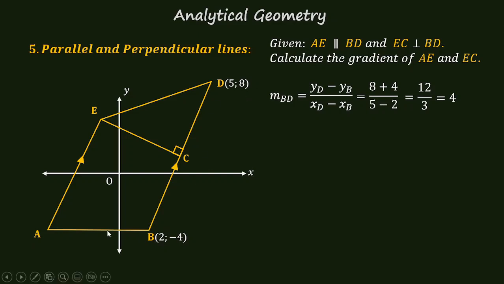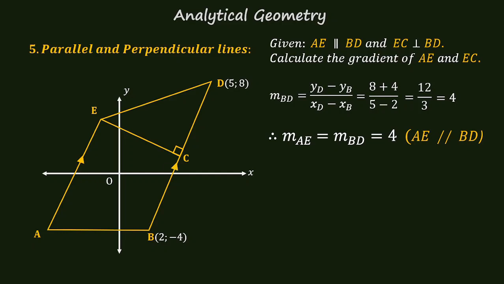What then will be the gradient of the straight line AE? The gradient of the straight line AE will also be 4, because AE is parallel to BD. This information is given to us, and we can also see it from the arrows that are given here.